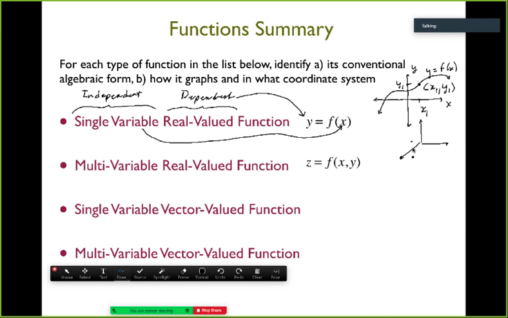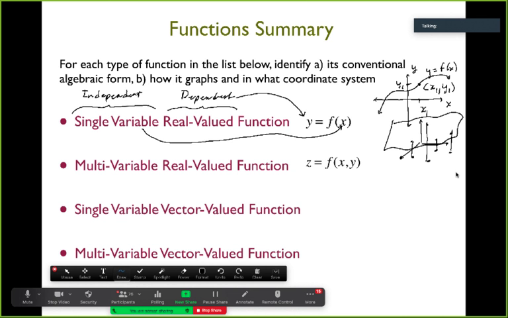Surface, right? So for every xy ordered pair in the xy plane, you get a single z value for every x and y. And this made a surface in R3, right?